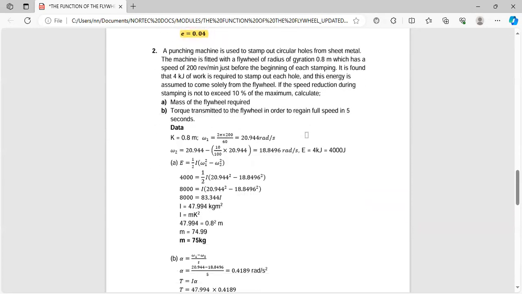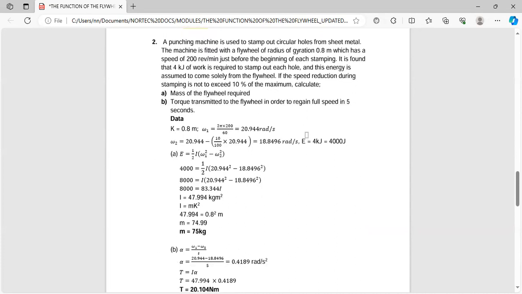Now, the second question, it's an interesting one. It talks about a punching machine, which is being used to stamp out circular holes from a sheet metal. The machine is fitted with a flywheel of radius of gyration 0.8 meters and has a speed of 200 revolutions per minute just before the beginning of each stamping.